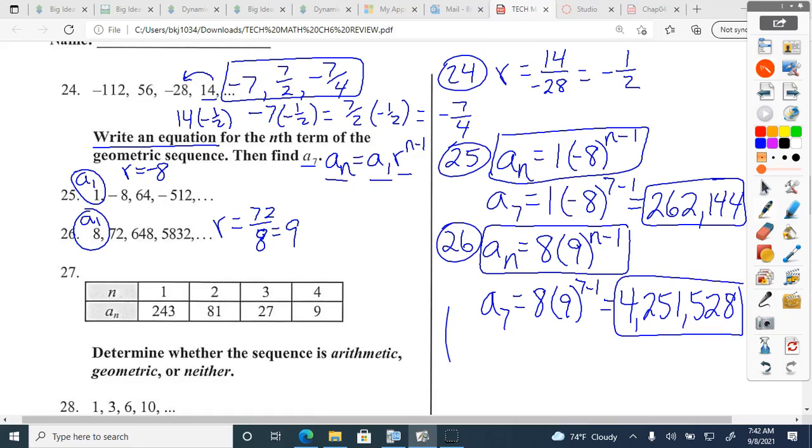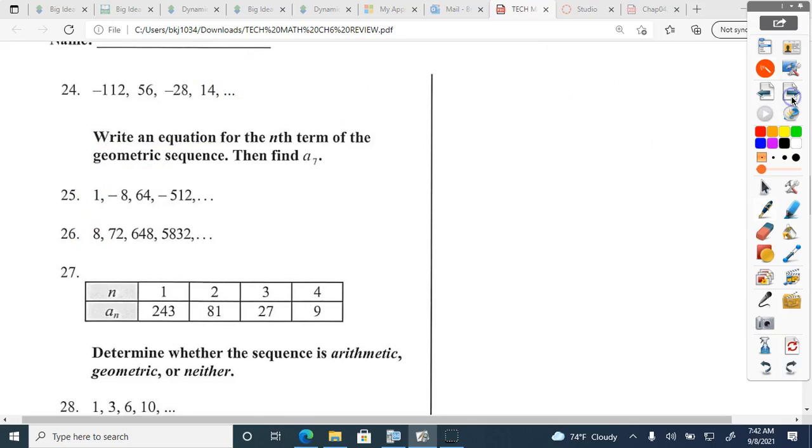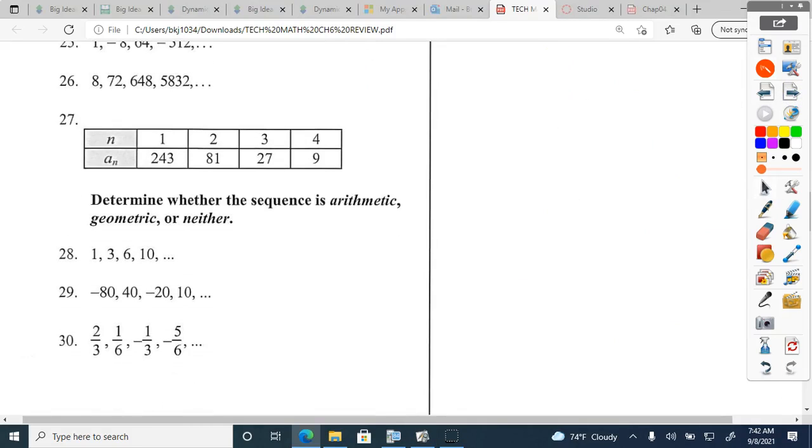All right, 27. I believe we're doing just like 25 and 26, except they give us a table. So let me scroll up a little bit. We still need to have a1 and r, and you still need to know the formula. A1 is 243 right here.